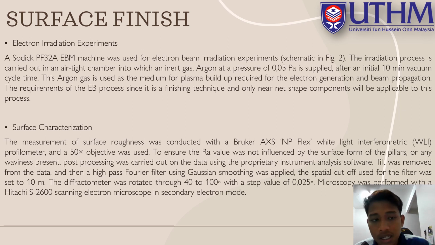The irradiation process is carried out in an airtight chamber into which an inert gas, argon, at a pressure of 0.05 Pa is supplied. After an initial 10-minute vacuum cycle time, this argon gas is used as the medium for plasma build-up required for the electron generation and beam propagation.